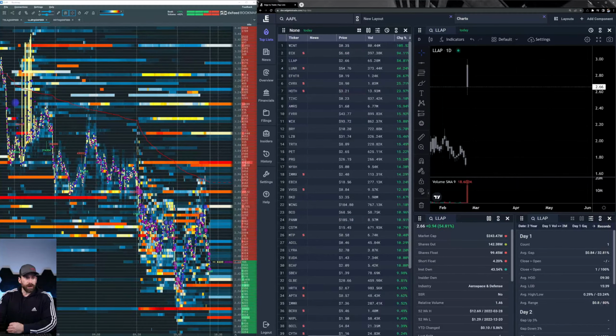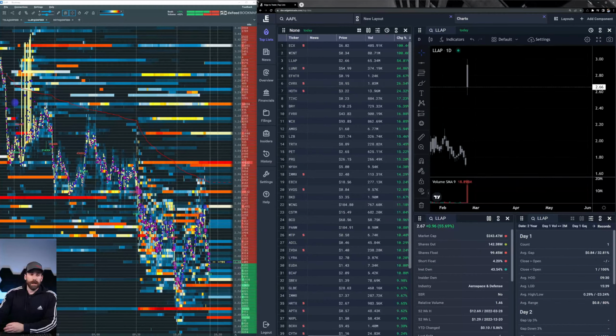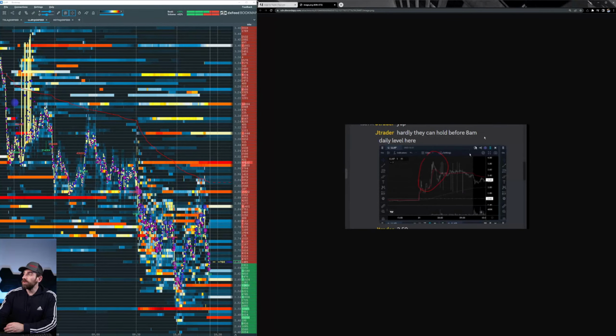So this morning my intention for the whole room was, one, looking to short this with size. And the reason why is that I started looking at the previous moves, the previous gap on the stock. I started looking at how it evolved, and this was the previous gap that we had.